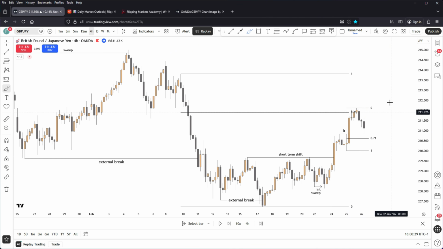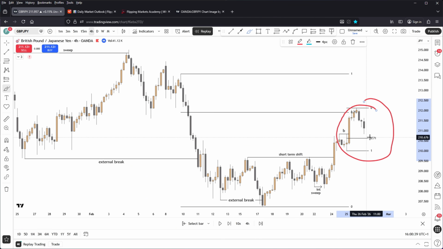Once we enter a trade using the 15-minute confirmation entry model, we always target the opposing golden level on the 4-hour time frame, which in this case is the 71 level, simply because this bullish 71 level has the exact same chance to reverse price back up into a bullish direction, just like this bearish level has the exact same chance to reverse price back down into a bearish direction.